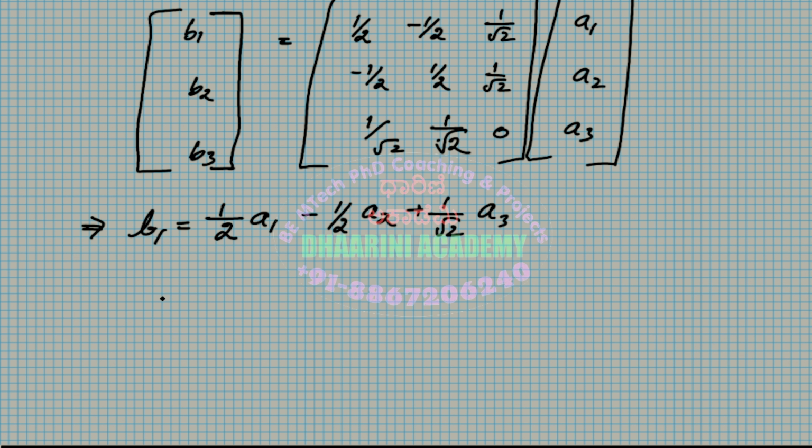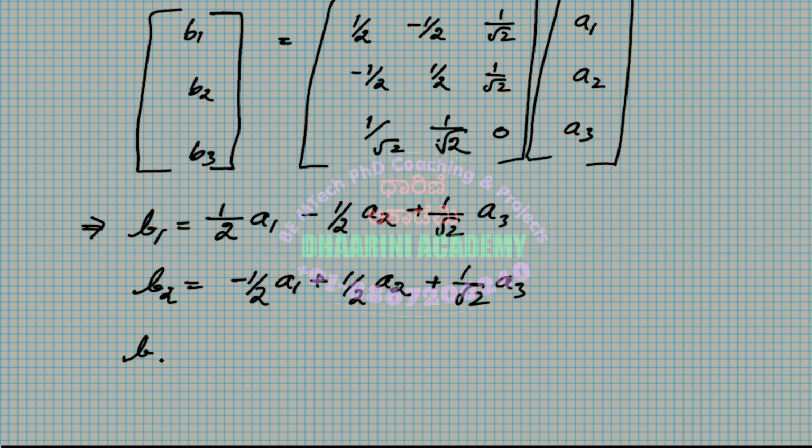Similarly, write what is B2. B2 is equal to minus 1 by 2 A1, I think plus, so the second term will be plus 1 by 2 A2 plus 1 by root 2 A3.